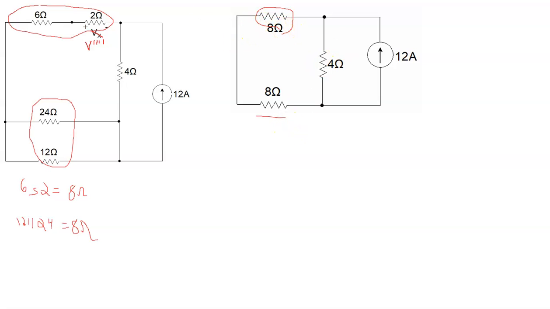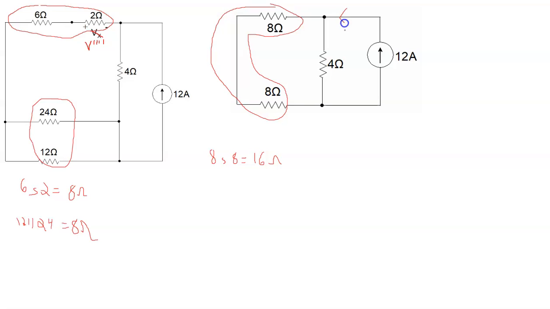So here now, we have these two 8 ohm resistors that are in series, right? And so these two here, now one path for current to flow through them, and so 8 in series with 8 is equal to 16 ohms.